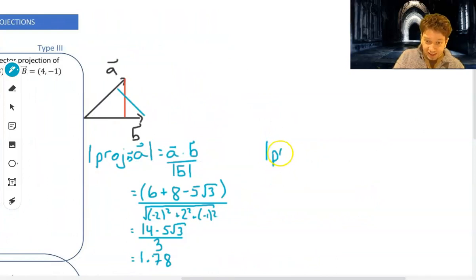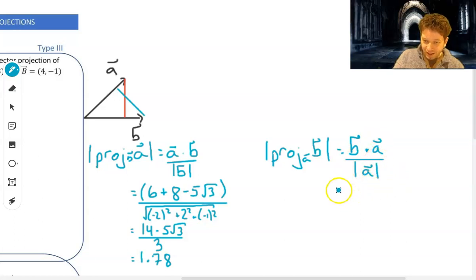So the scalar projection of B on A is again our dot product, B dot A, over the magnitude of A. Now the dot product of B dot A is the same as A dot B. So we know that's going to be 14 minus 5 root 3. We've talked about that before.